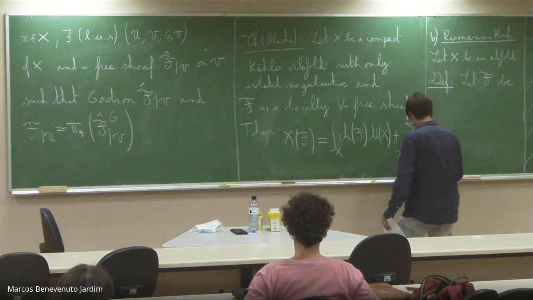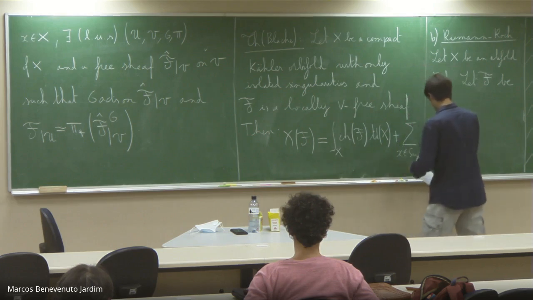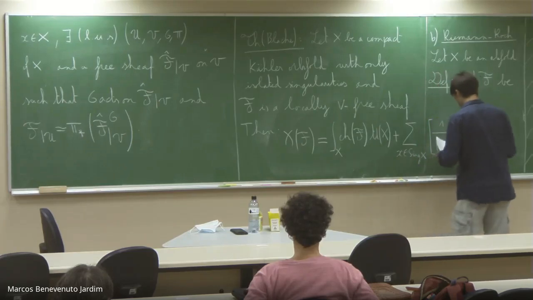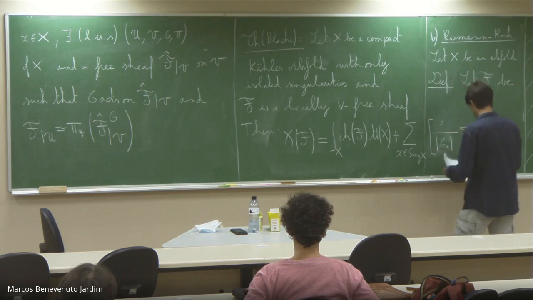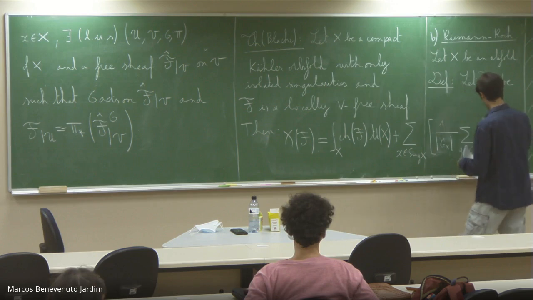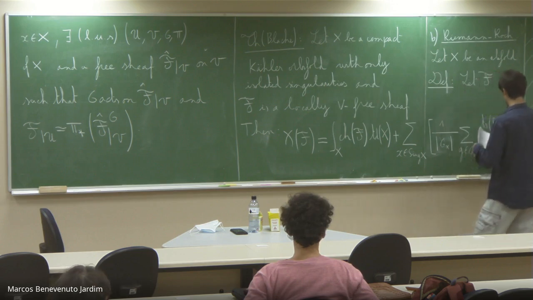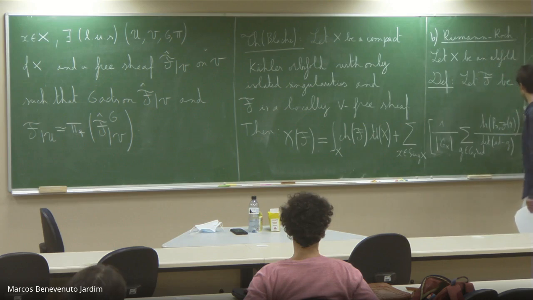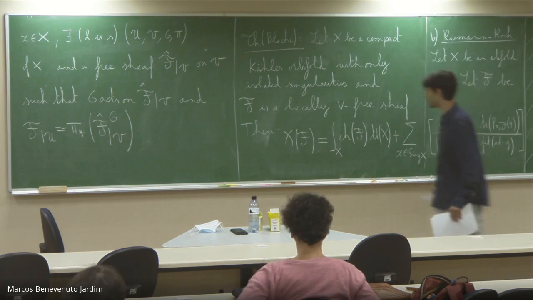So for each singularity, we consider one over |Gx|. Maybe you will not understand immediately, but we will explain it. Here I have the sum over g of G. Okay, so what does it mean, this term?